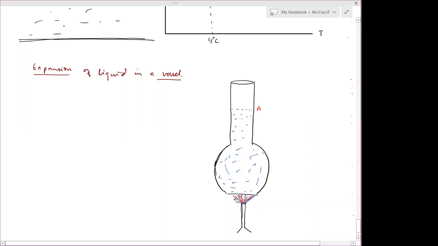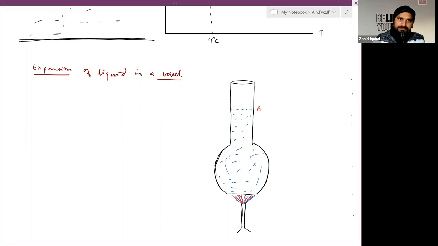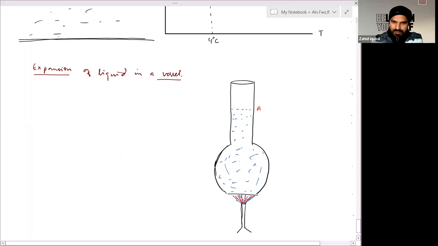Now heat is then transferred to this particular liquid, which on heating expands, and hence level of liquid may rise from this point to some new point. So initially this level may go to point B. So from A to B, it will be due to expansion of vessel.